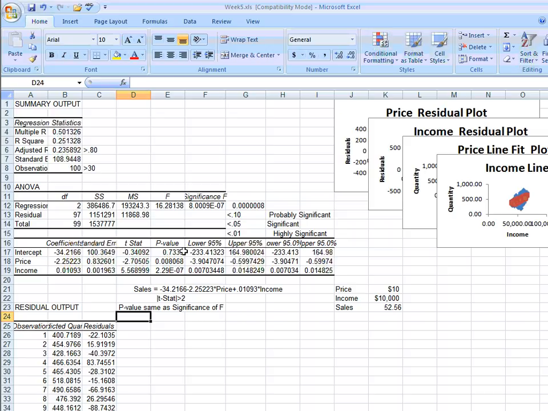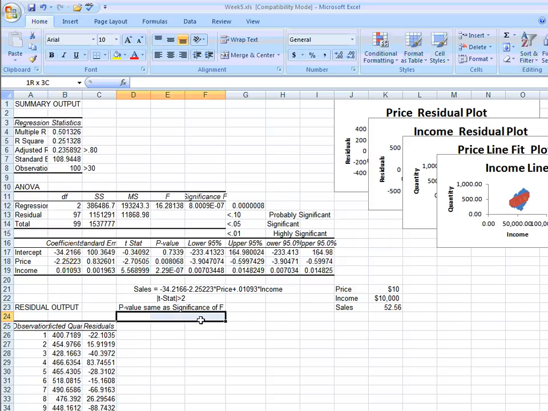So in this case, this first p-value, 0.7, not good. But we don't care because it's the intercept. The price, 0.008. That's less than 0.01, so it's highly significant. And the income, you have an E in there, so you know it's going to be highly significant.